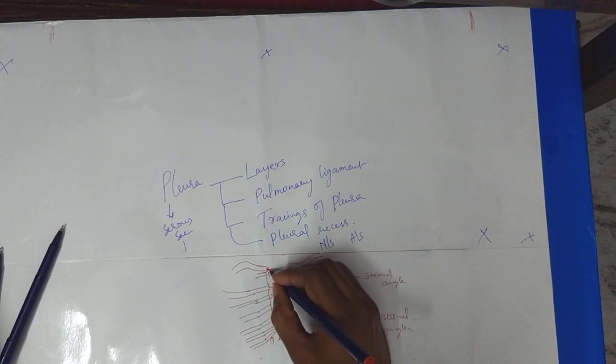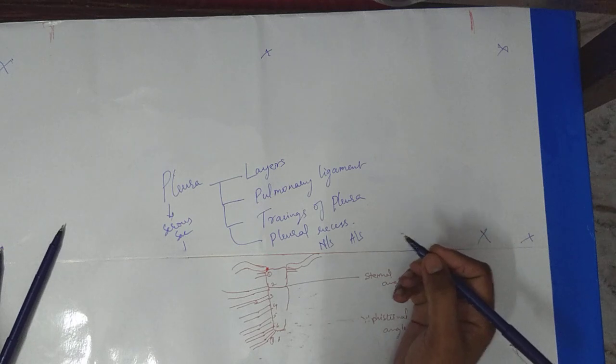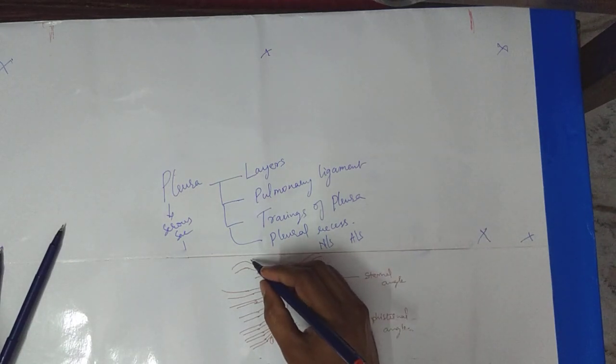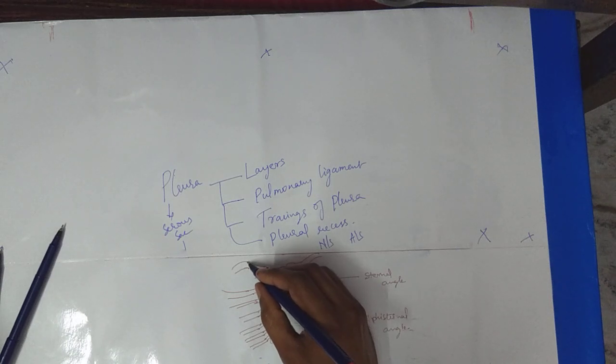One point is the sternoclavicular joint, and the other is the junction between the medial one third and the middle one third of the clavicle.